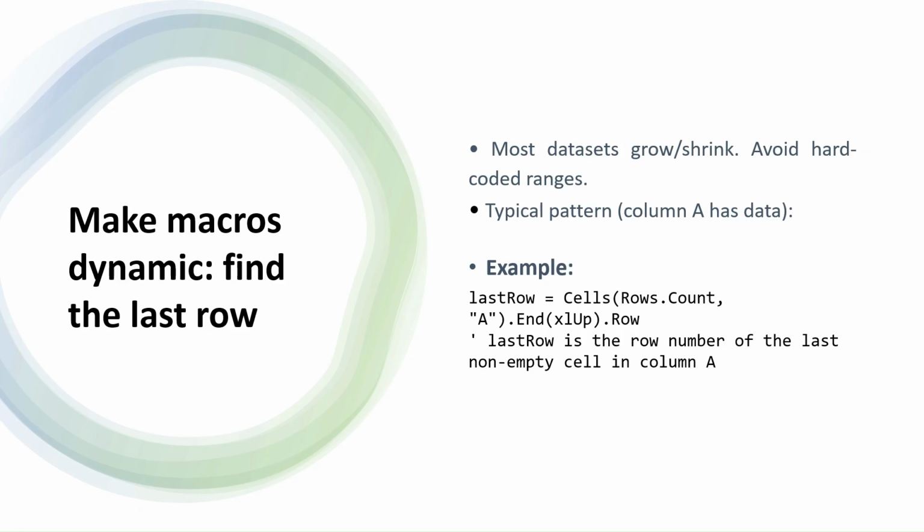Let's suppose you are doing hard coding. What does that mean? For example, you say Range A10 dot value is equal to done, or whatever you want to write here.